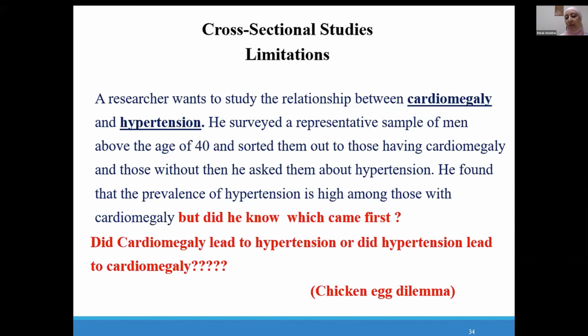And you will find this out tomorrow. Let's address your question tomorrow when I talk about cohort studies. If I talk about hypertension and cardiomegaly, I want to have a link showing that exposure to hypertension can lead to cardiomegaly. This is not the best design because you don't know which one started before the other.